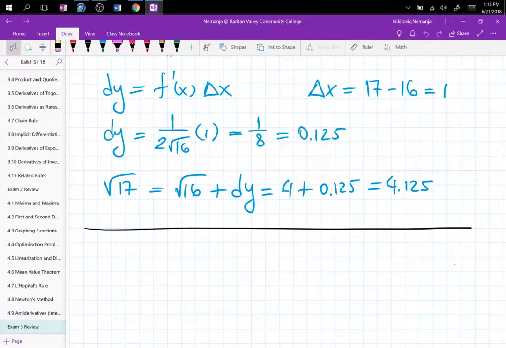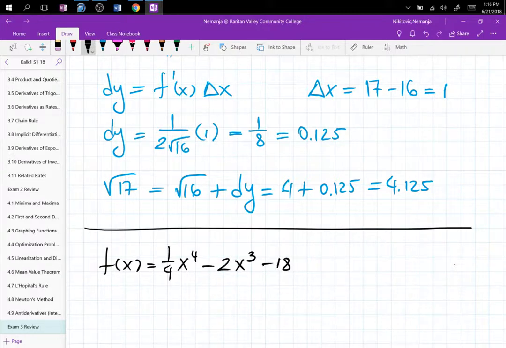So what am I having here? Locate the critical points of the function f of x equals 1/4 x to the 4th minus 2x cubed minus 18x squared plus 216x. We want to do the min-max on this one, and they said to use the second derivative test to show if they are min or max.